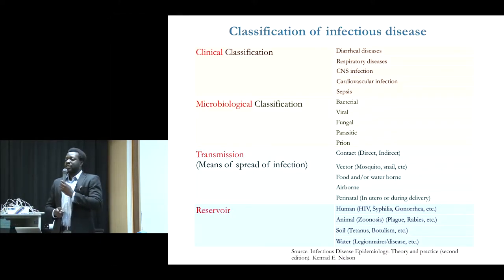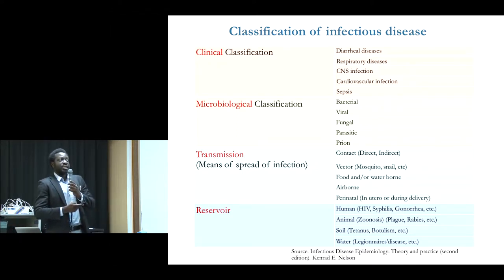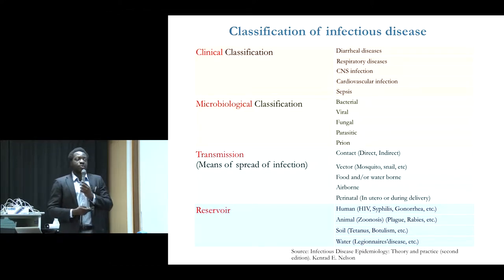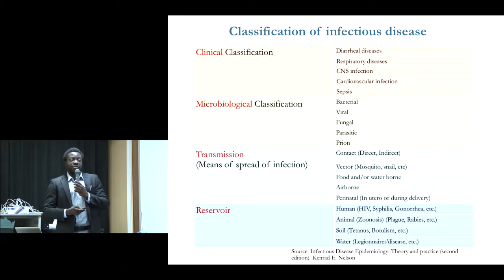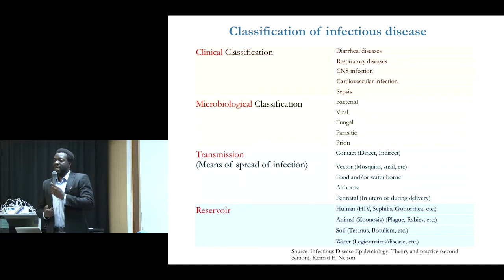There are a lot of ways to classify infectious diseases. One of the ways to look at it is in terms of the clinical aspect: we have diarrheal diseases, respiratory diseases, diseases of the central nervous system, cardiovascular infection, and we also have systemic infections when it is the blood that is infected.